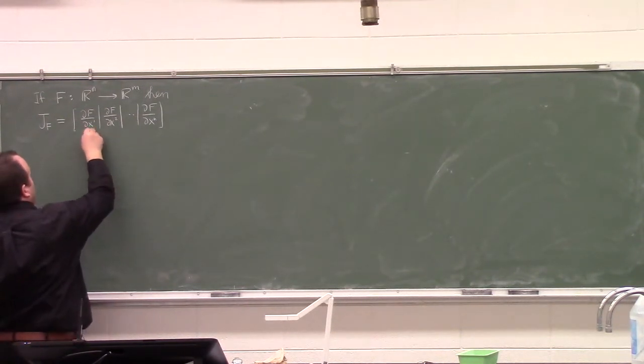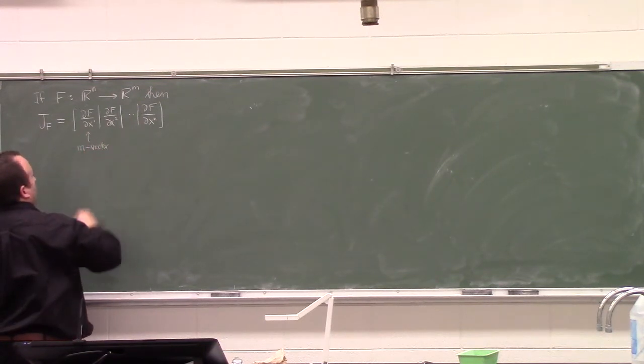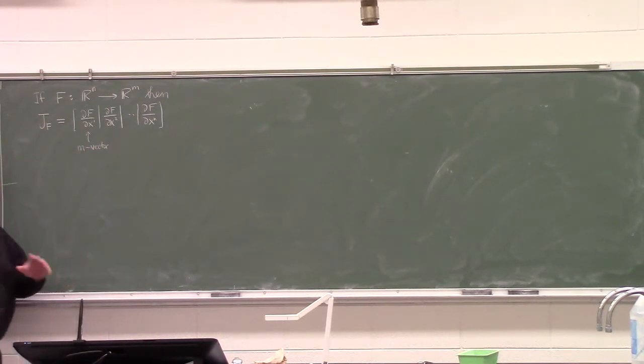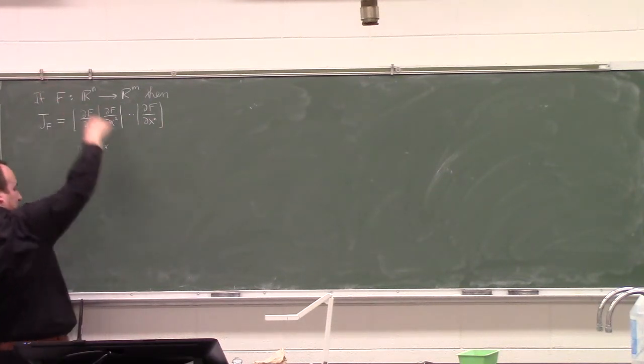So these are actually m vectors. And by that, I don't mean m vector in the sense of wedge products. I mean, it has m components. See, that's unfortunate. I used a 2 vector in a rather different sense earlier today, didn't I? That is not the same meaning. I mean, m components tall.